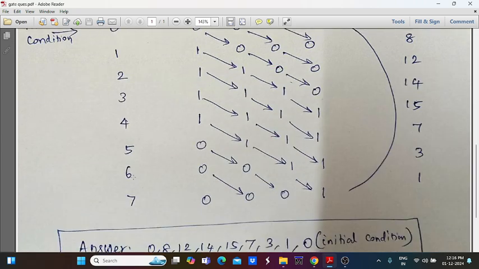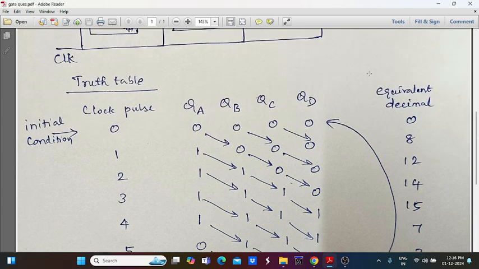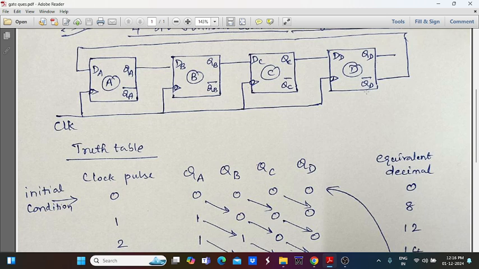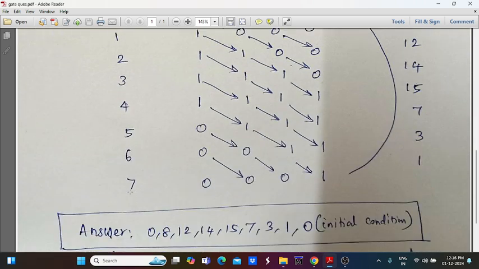Now for sixth clock pulse, again QA value 0, QB 0, and QC shifted to 1 because of previous value of QB is equal to 1, and the QD value equal to 1. Now again the QD value is equal to 1 and QD bar becomes 0. This 0 is applied as an input for DA, and for seventh clock pulse the DA value is equal to 0.